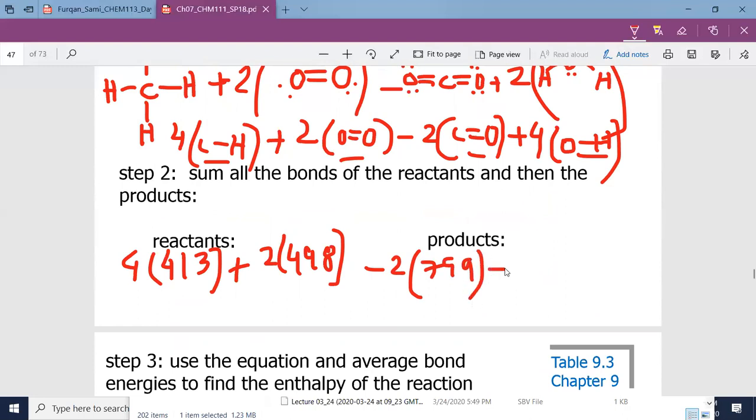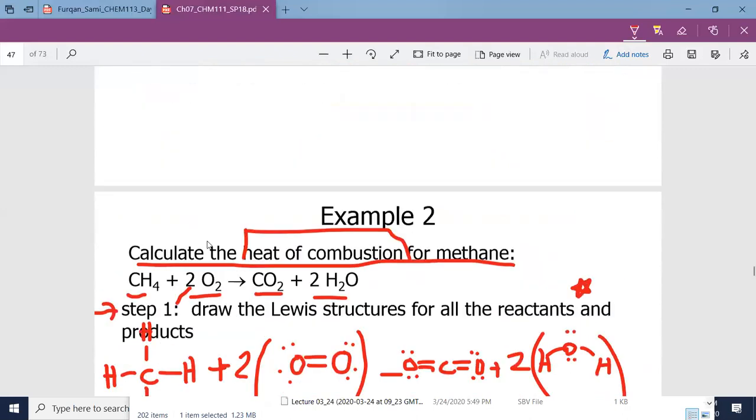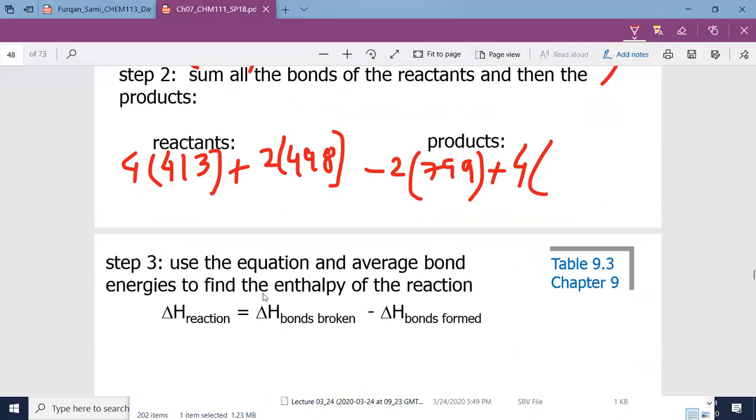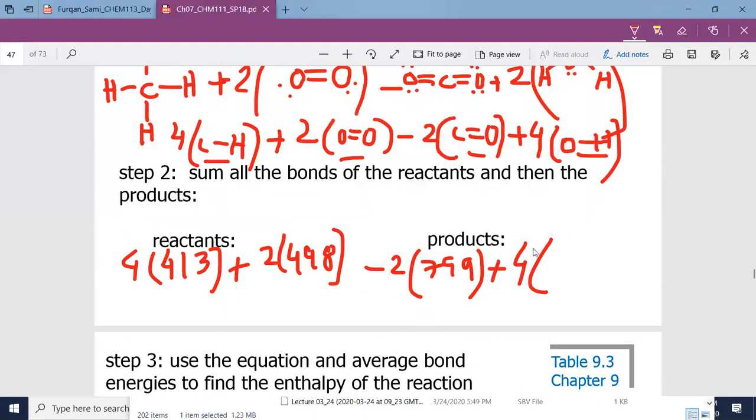Then plus 4 times what is this for O-H. So I'm going to go into the O-H. Where is O-H on the table? O-H is 467. So it's a quick math now, right? Just keep multiplying that and keep getting that.